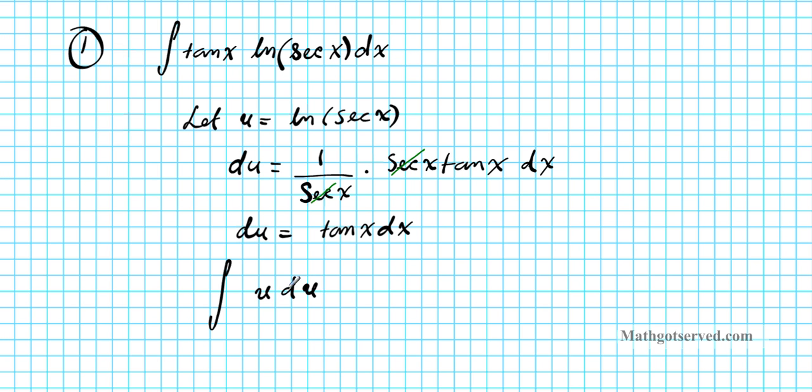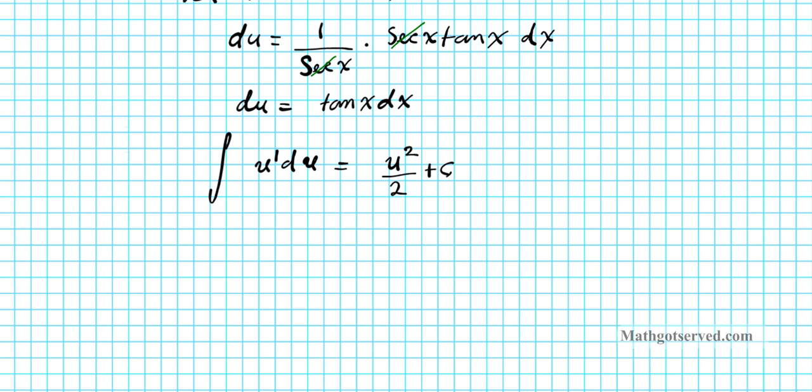Okay, so using the power rule for integrals, this is going to become u squared over 2 because this is u to the first power, plus c. And then we're going to plug back in the value of u. u is the natural logarithm of secant x, so our final answer is going to be the square of the natural logarithm of secant x, over 2, plus c.